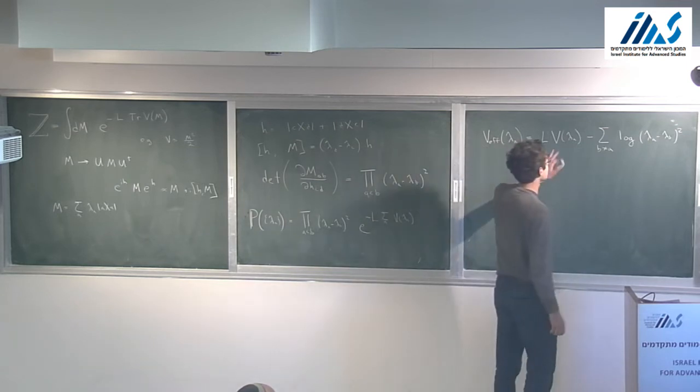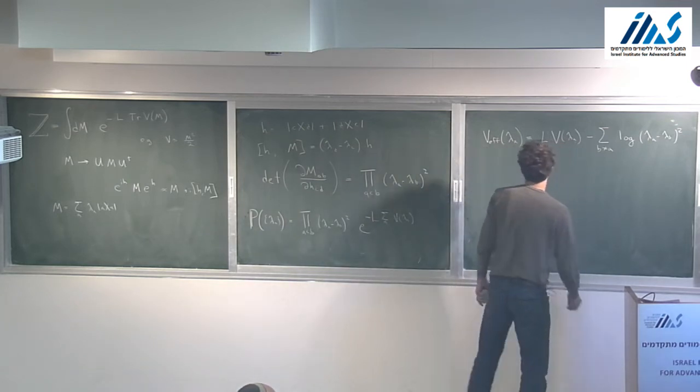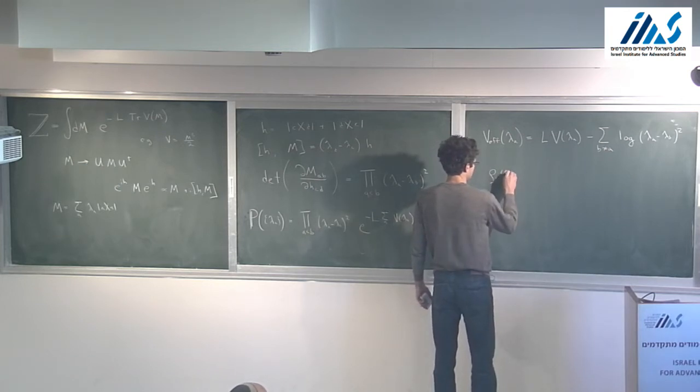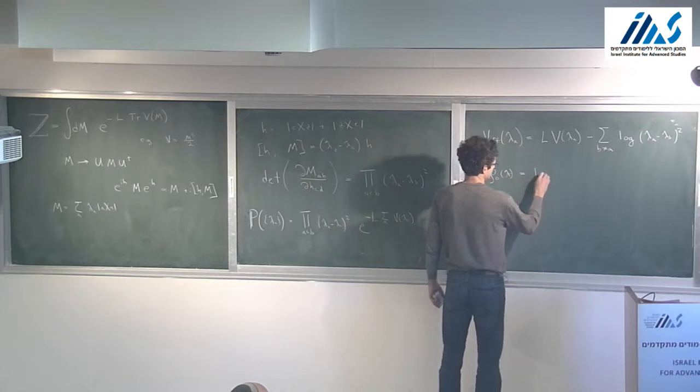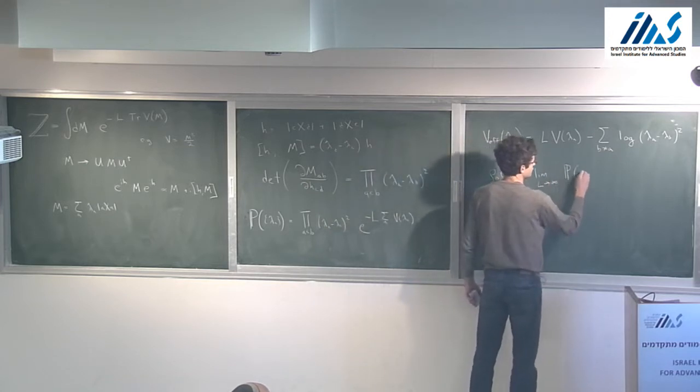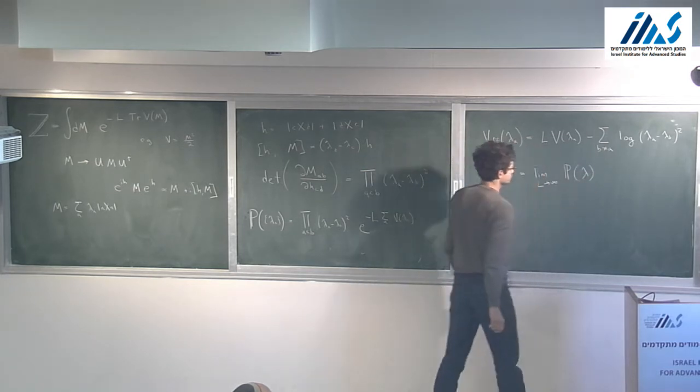Now, in order to solve for the distribution of eigenvalues at large L, we're going to introduce a function rho naught of lambda. That's the limit as L goes to infinity of the probability distribution for just a single eigenvalue.